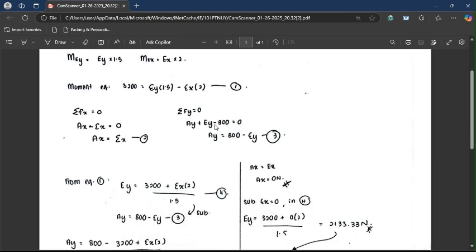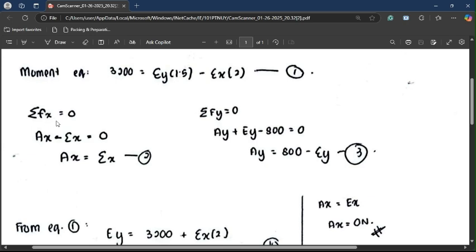Now we can look at horizontal force equilibrium. I'm going to find the sum of all horizontal forces, which is equal to 0. The horizontal direction at A should be 0, right?